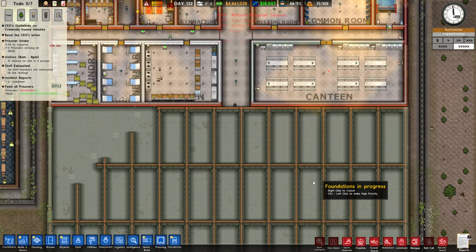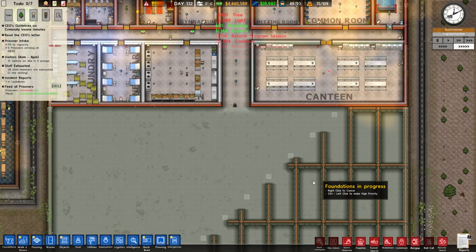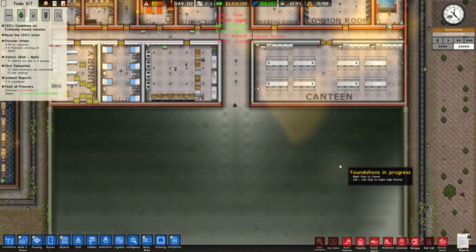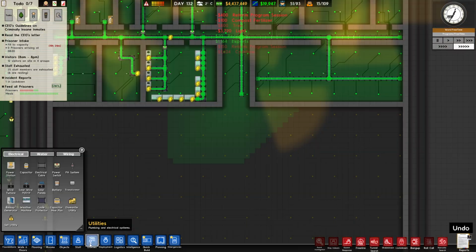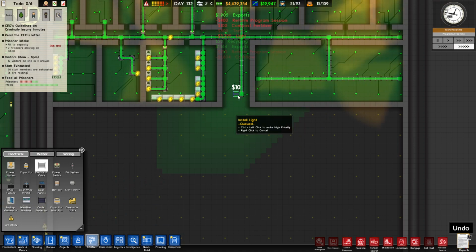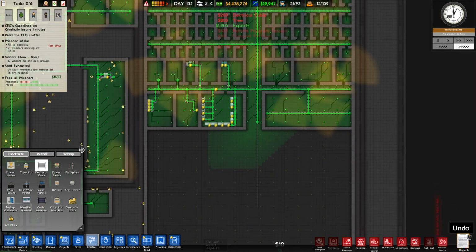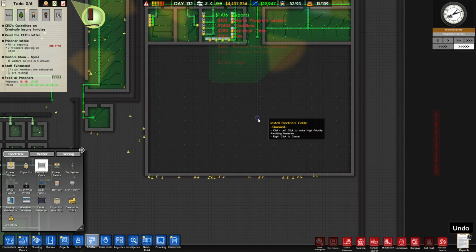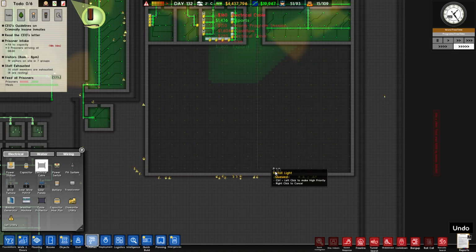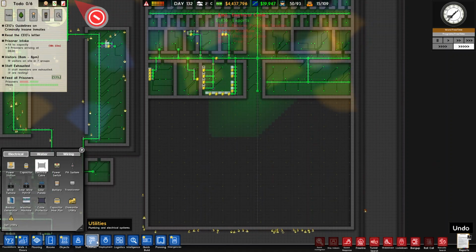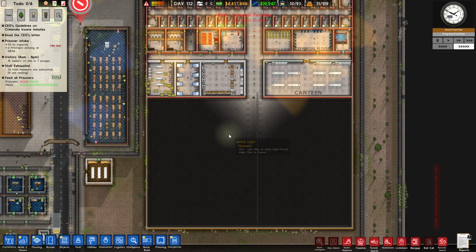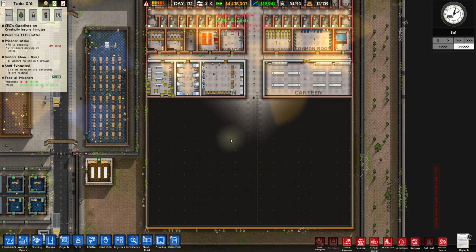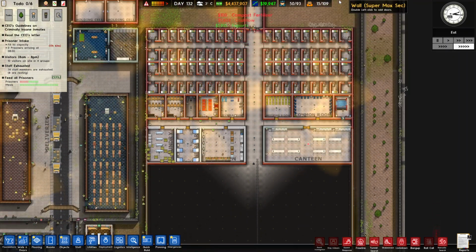So you can tessellate 3 by 4 blocks and then put 1 extra. There we go. Let's add in a utility cable. And I'll just do that one for now because I have no idea where it's going to go from there until we get to the actual rooms in place.